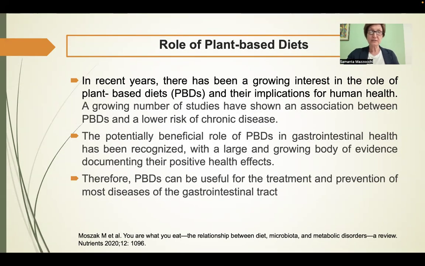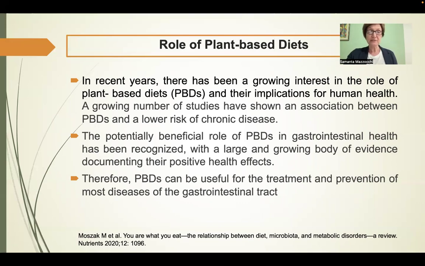In recent years, there has been a growing interest in the role of plant-based diets and their implication for human health. A growing number of studies have shown an association between plant-based diets and a lower risk of chronic disease. This diet is rich in high-quality plant food such as whole grain, fruits, legumes, vegetables, and nuts.